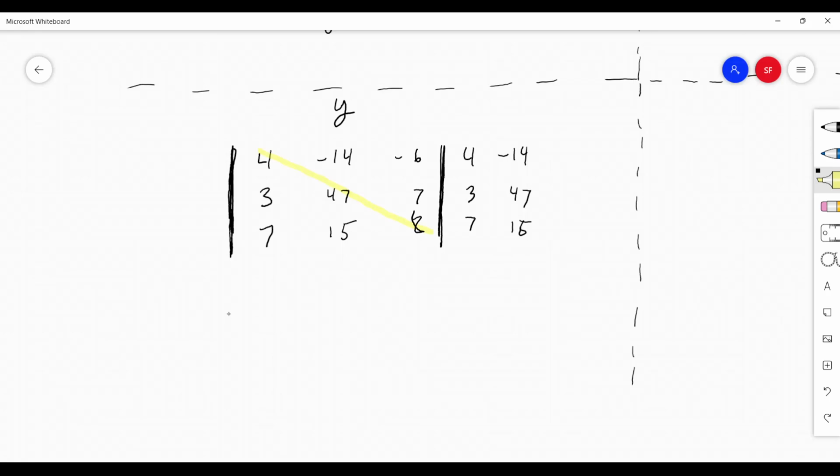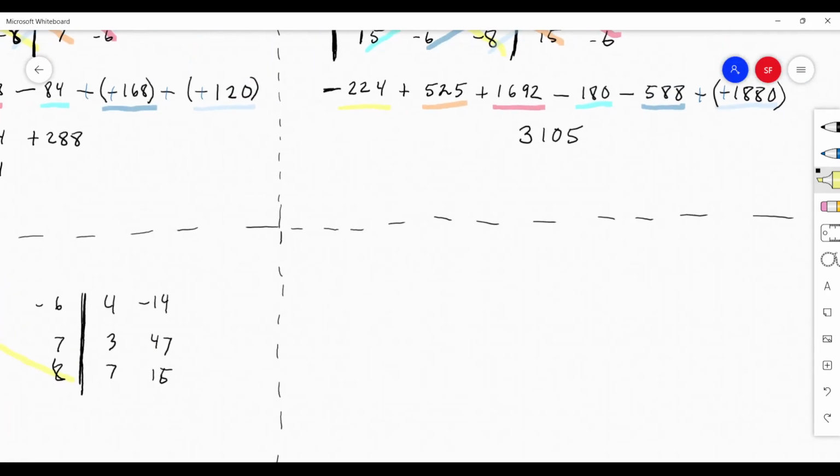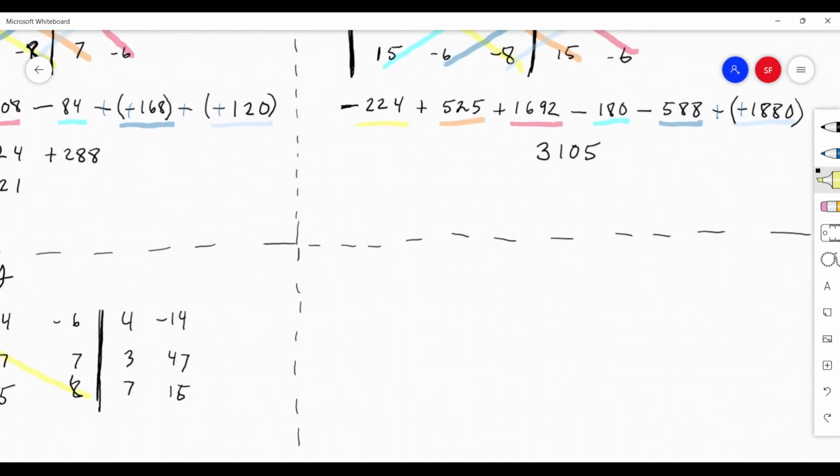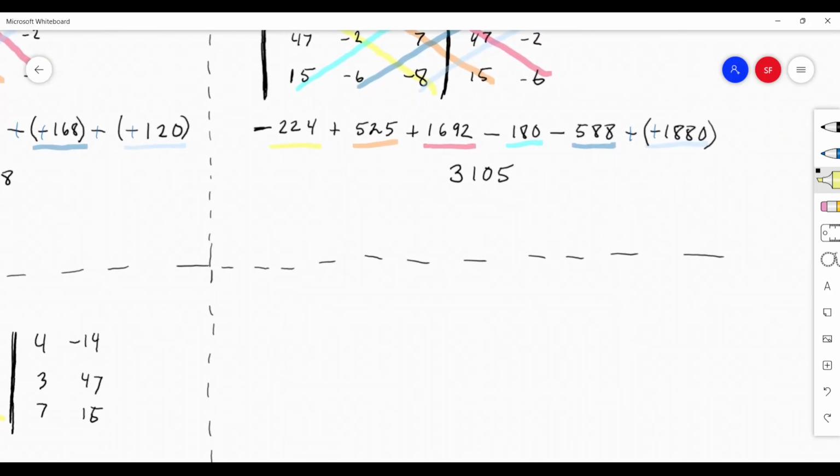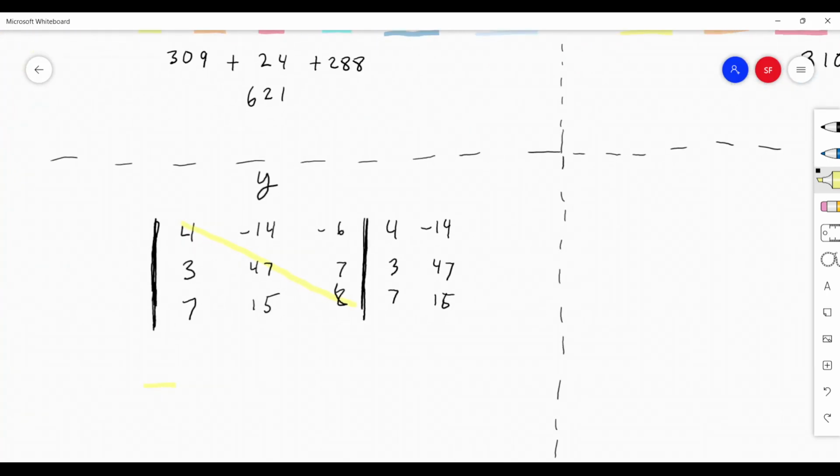What was the answer for the other one? 3,105. I need to put it down. Did you copy everything down right? I can't see the matrix. There we go. Okay. I need to make sure.